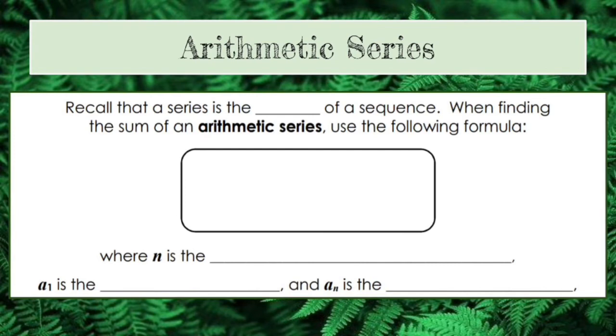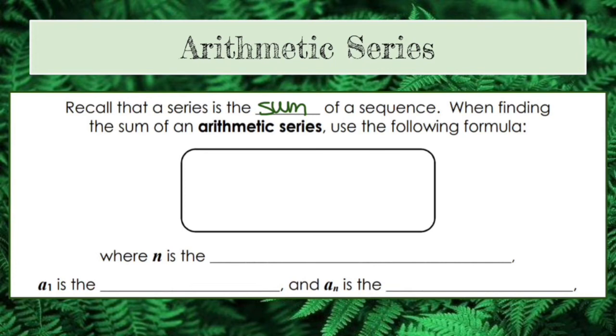The next section is about arithmetic series. So we want to remember that a series is the sum of a sequence. So in finding the sum of an arithmetic series, you can use the following formula. We love when there's a formula. We don't have to do extra work.